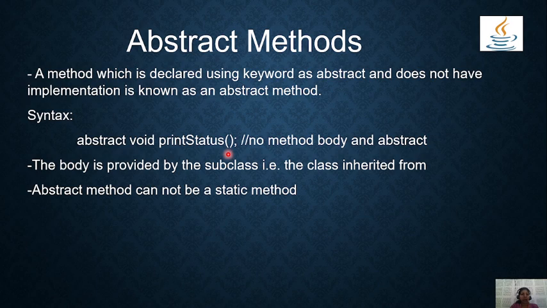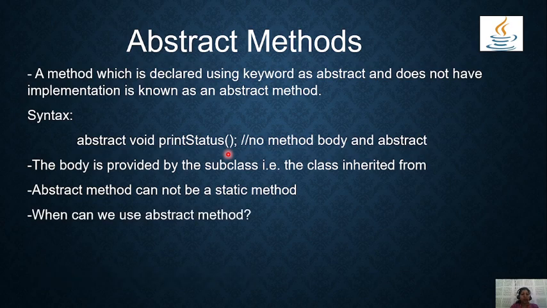An abstract method cannot be a static method, because a static method is created at the start of the class, but as the abstract method does not have the implementation, which is in the subclass, it cannot be static.